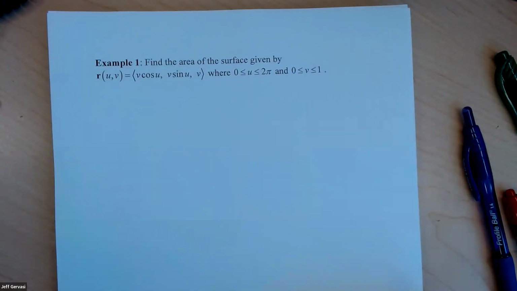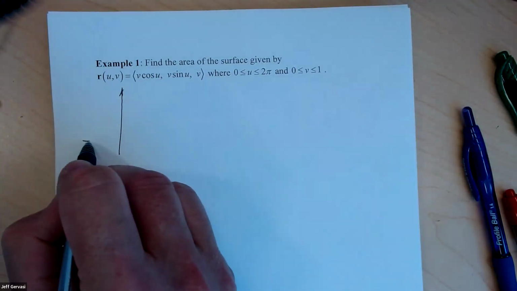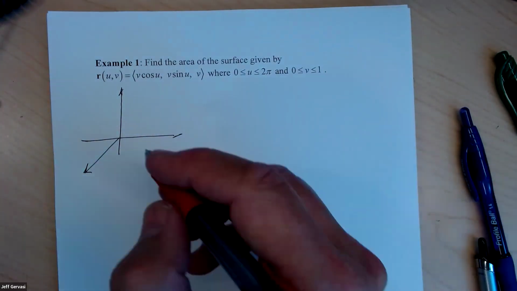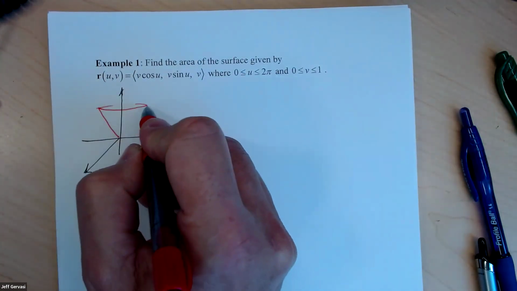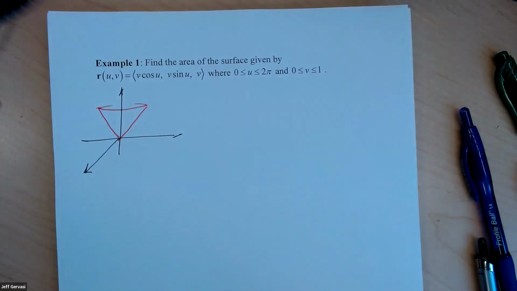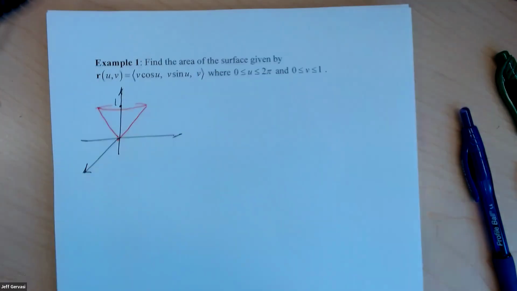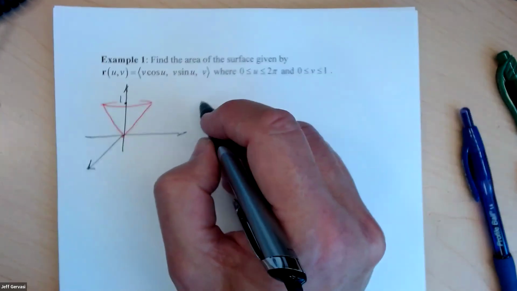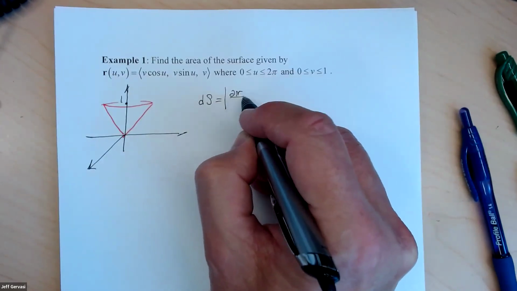From our earlier experiences, our assumptions that we made at the beginning, we know that this is actually a cone whose height is 1. Okay, we want to find the surface area of this. All right, so we're going to need the differential element of surface area, which is equal to this.